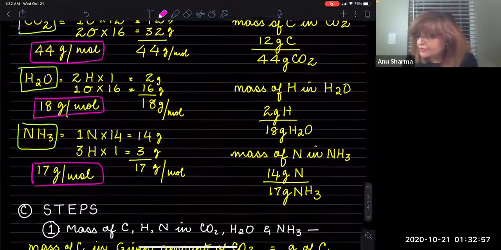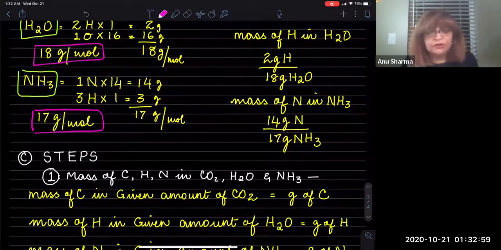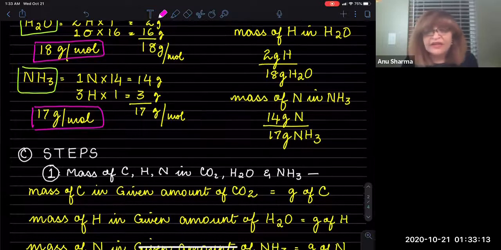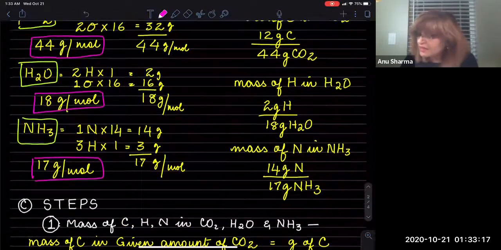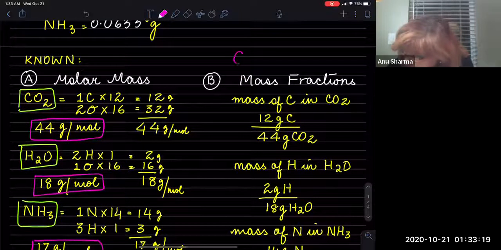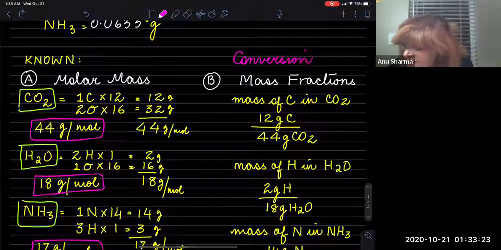Similarly for hydrogen, 2 grams of hydrogen, because there are two hydrogens, is present in 18 grams of water, and that's the molar mass of water. And the mass of ammonia is 17 grams, the mass of nitrogen is 14 grams. So 14 divided by 17 is the mass fraction of nitrogen in ammonia. These will be used as conversion factors.